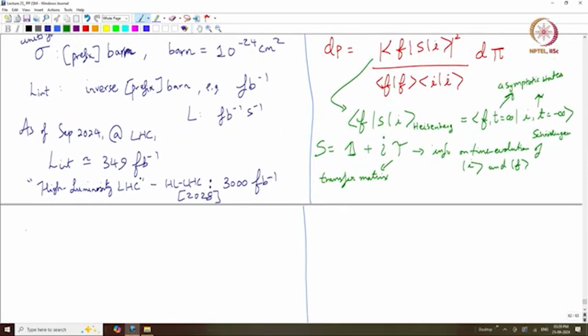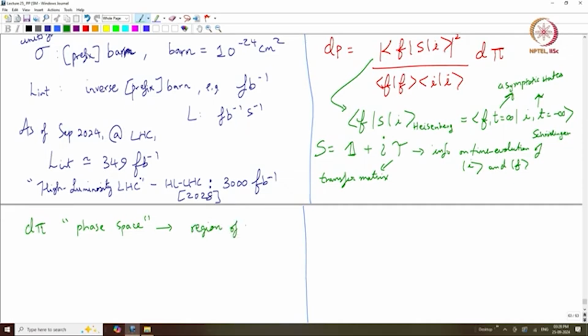The d pi is colloquially called the phase space. That's nothing but, see, the final state can span some range of momenta, right.